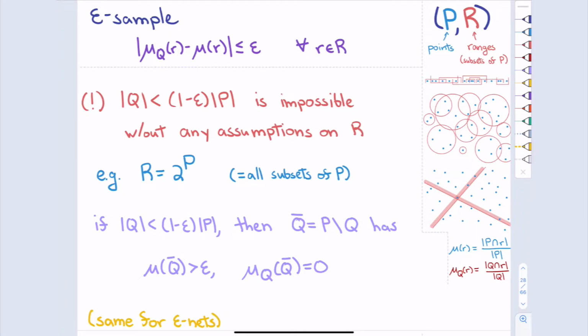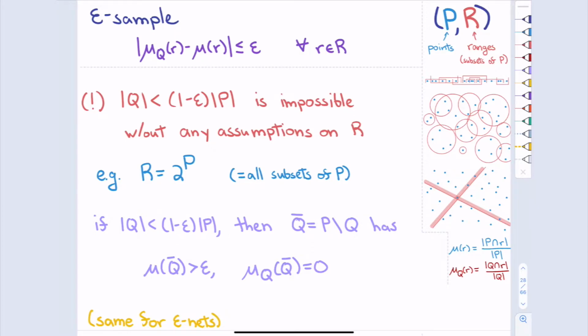And of course, that range originally had measure at least epsilon, but it has measure 0 in the remaining. Okay. So the moral takeaway is that you can't just do this for anything.